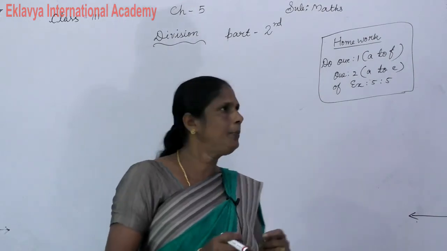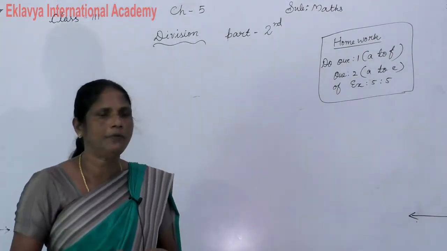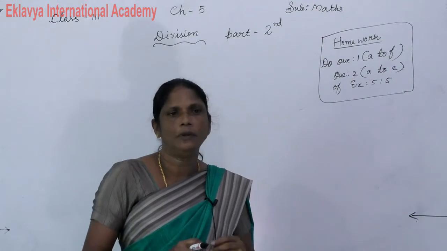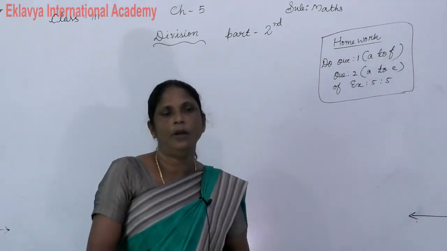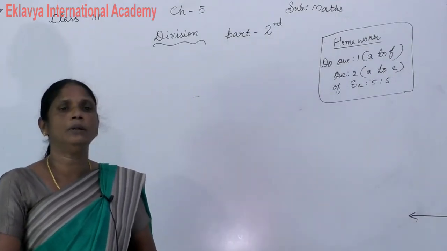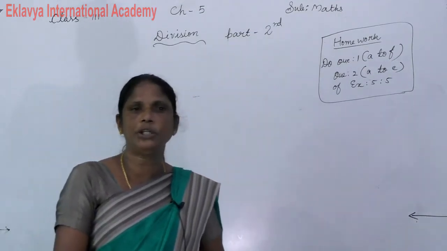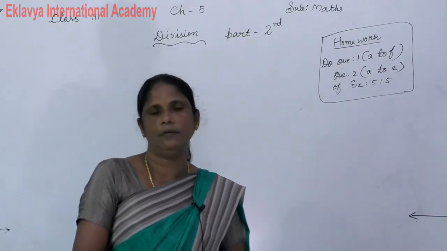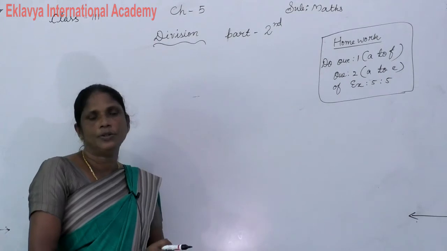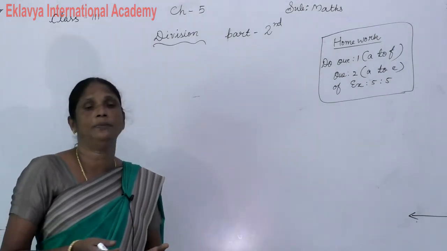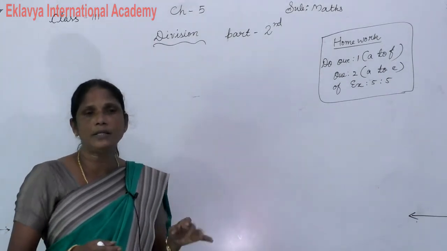Yesterday we studied the properties of division, division by 10, 100. Then again I repeat, what are the properties of division? Division by 1: we divide by any number, the result, the quotient, is the number itself. Then next, division by 0: 0 divided by any number, the result is 0.